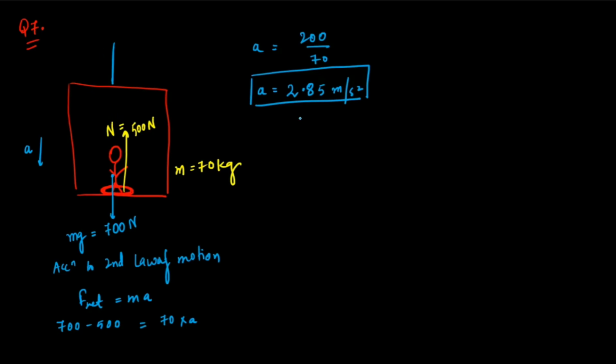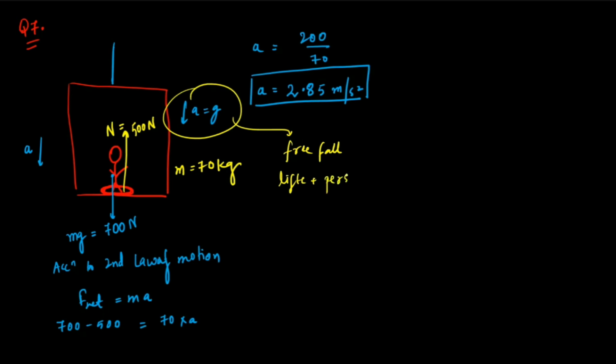In order to understand this, when the whole elevator's cable snaps, it will start moving with some acceleration in the downward direction, which is equal to g. So if the acceleration becomes equal to g, this becomes the case of free fall. So the lift as well as the person inside the lift, they both are going to perform free fall, and because of that, the normal reaction becomes 0.